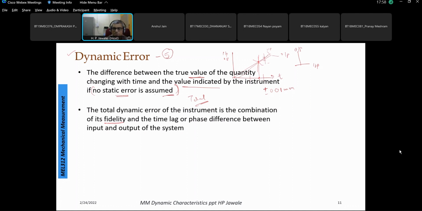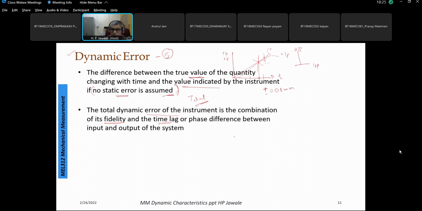So there is a difference, and this difference may be in the form of the amplitude or maybe in the form of the delay, that is lag we say. So this also is going to take part in the dynamic error. So that is what is said, total dynamic error is the combination of the fidelity and the time lag. The time it takes to represent some output for a given change in the input, right?